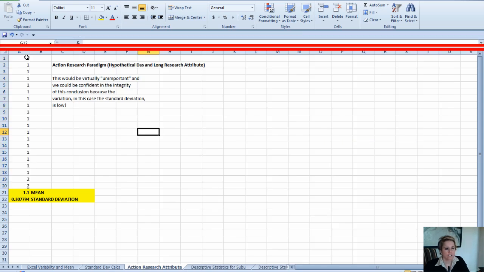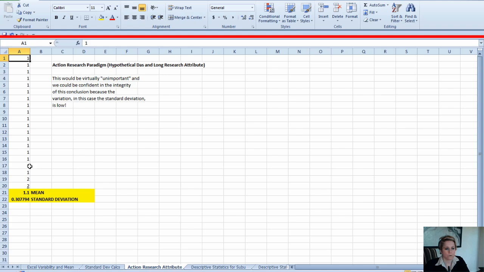Now notice 1, 1, 1, 1, 1, 1, 1, 1, 1, 2 people considered it a 2, which would have been, in this case, somewhat important. A 1 would be unimportant. And obviously, there would be more respondents in the Dawson-Long article, but nonetheless, this serves our point.